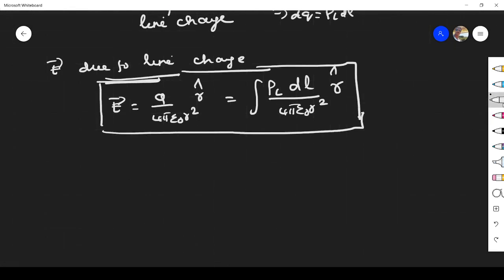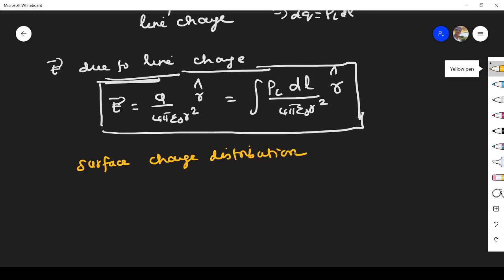Now we go for the second charge distribution, that is known as surface charge distribution. So line charge means charge per unit length. Here it is charge per unit surface area, right? So suppose let us take this one. This is a surface area. In this, let us take a charge distribution.